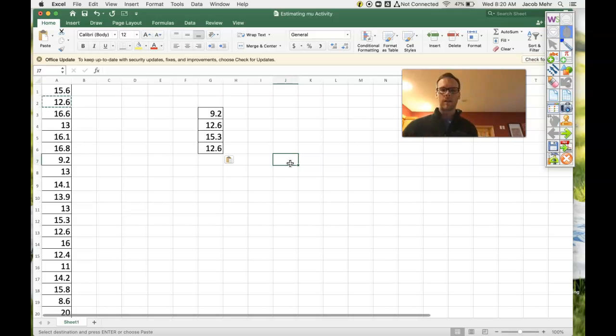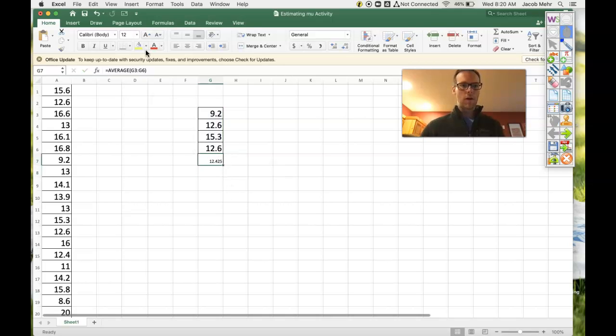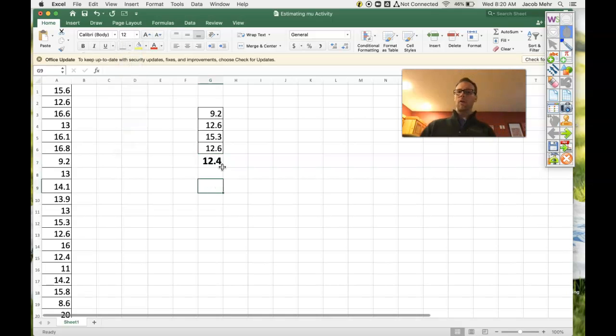So now I selected 4. All right, so let's find the mean of those. There you go, and I get 12.425. Let's make that a little bit bigger, easier to see. So now I'm estimating that the mean of the population is 12.4.